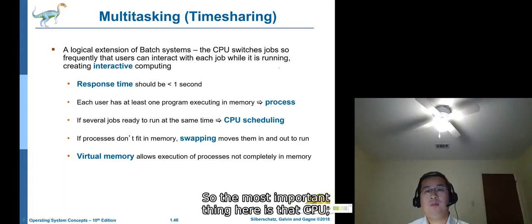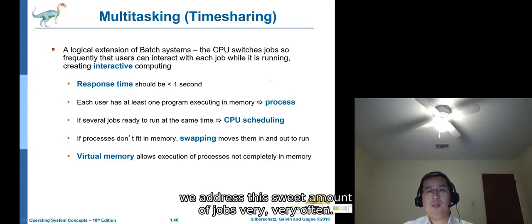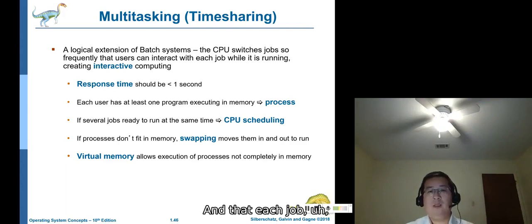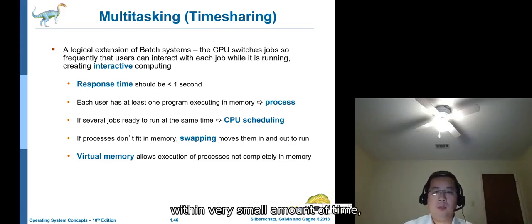So the most important thing here is that CPU will just switch among the jobs very often, and each job will get scheduled within a very small amount of time.